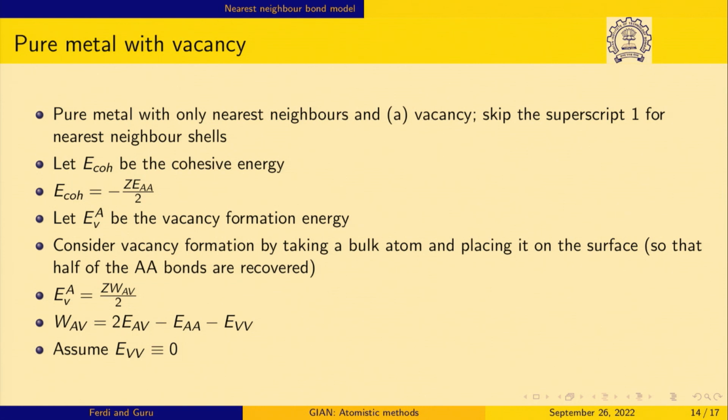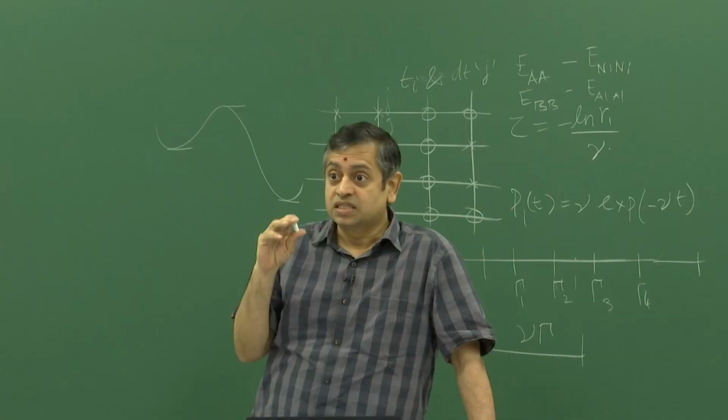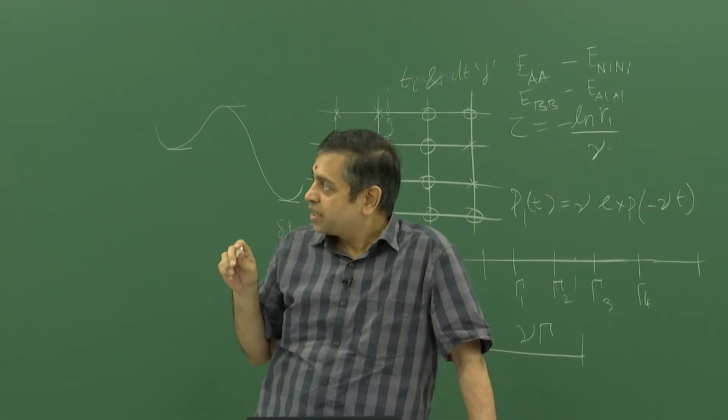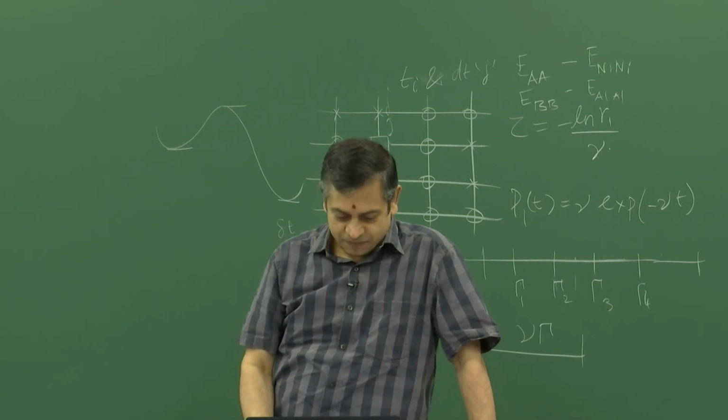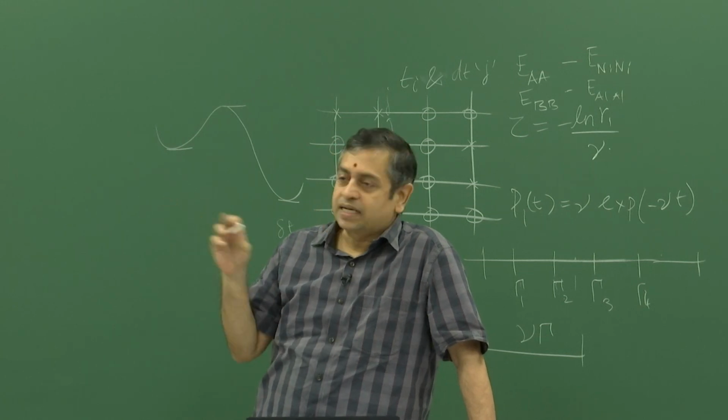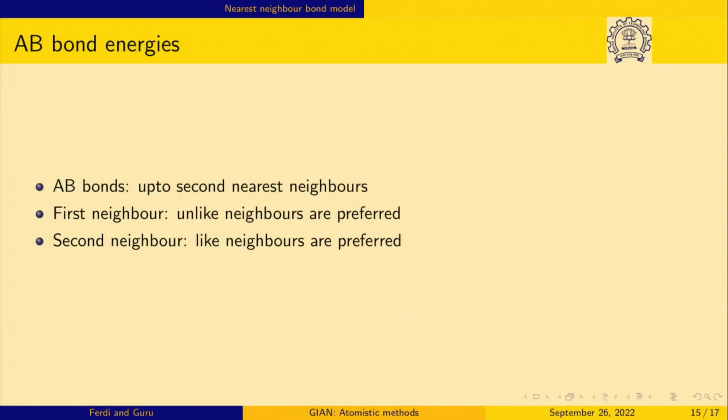So, now you have EAA, EBB, EAV, EBV, and EVV is 0, all of them up to first nearest neighbors. EAB also has to be calculated, and in the case of EAB, we have to go at least up to second nearest neighbor to get the L12 properly. How do you get EAB? For first neighbors, unlike neighbors are preferred; for second neighbors, like neighbors are preferred.